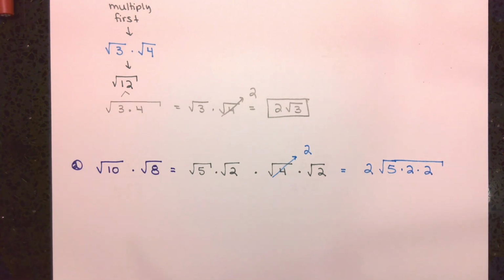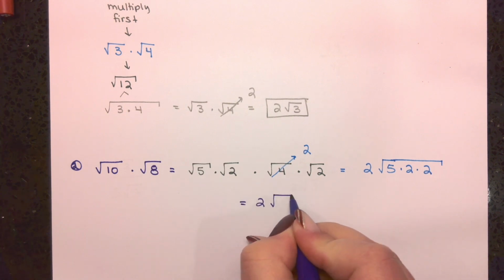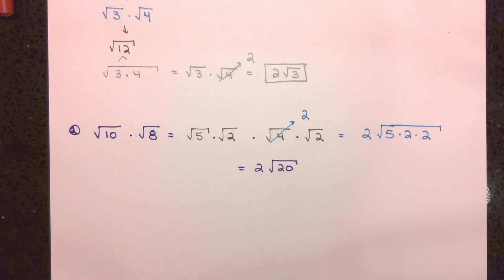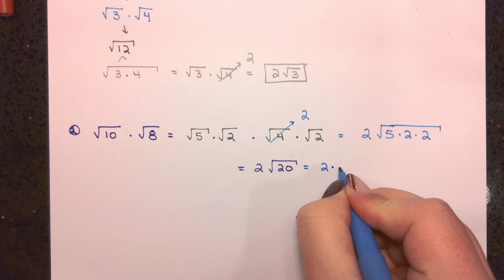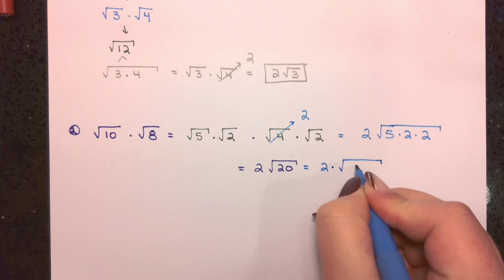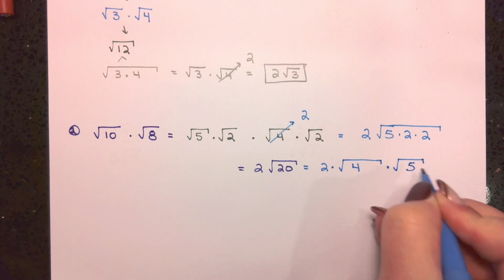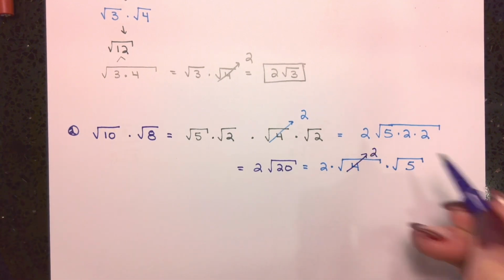Now be careful when you're doing this, because yes, you can just multiply this out and get the square root of 20. But you are not done yet, because I can continue rewriting the square root of 20 as the square root of 4 times the square root of 5, which we already know the square root of 4 is another 2.